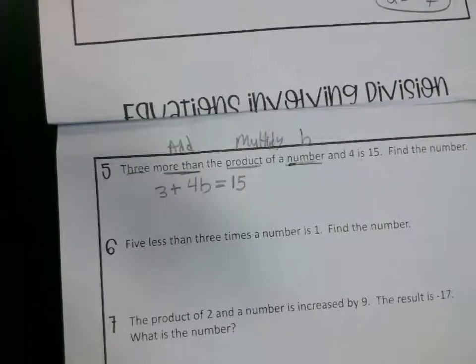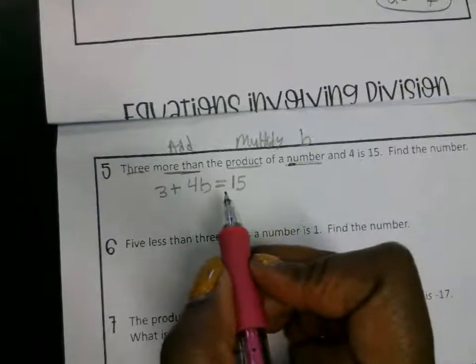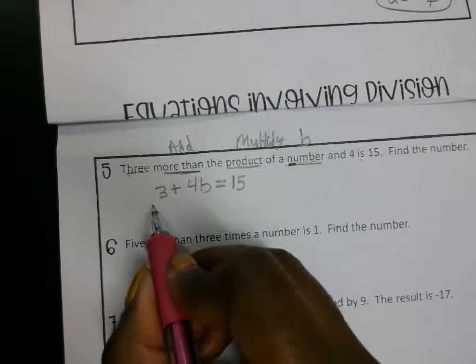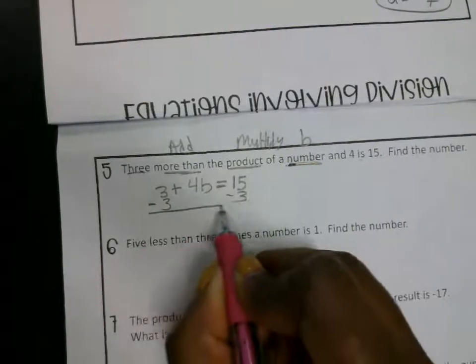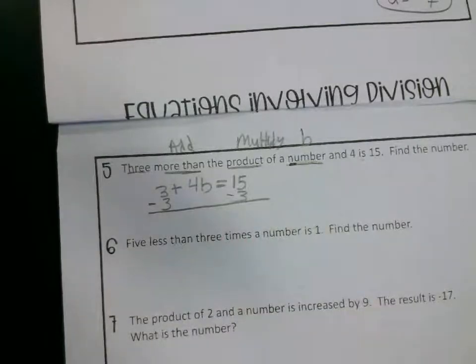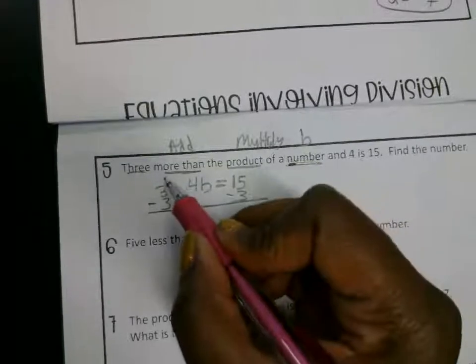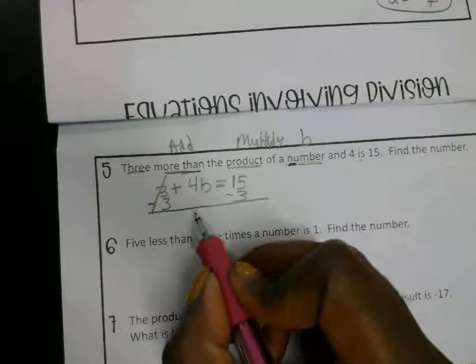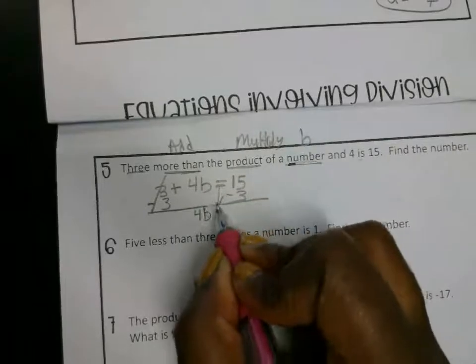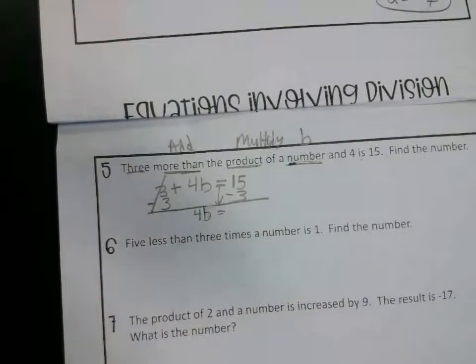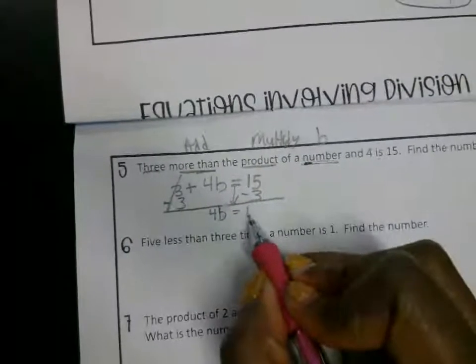Find the number. What are we going to do first to solve this equation? Subtract 3. Good job. Subtract 3 on both sides. This is 0, and I'm left with positive 4B. What's 15 minus 3? 12.